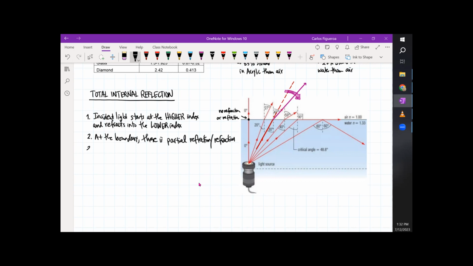Now, 3, at the critical angle, the refracted ray is at 90 degrees on the boundary.